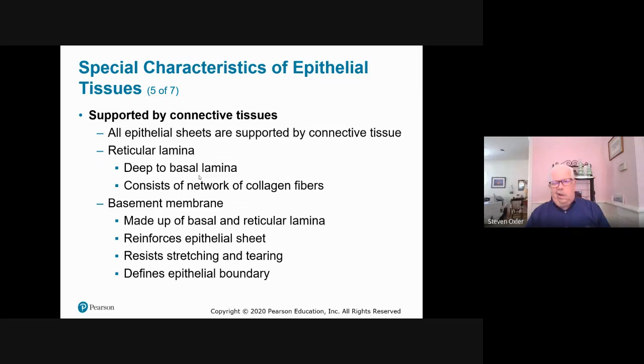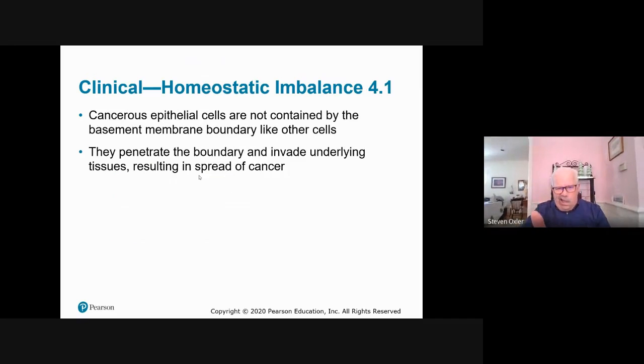You really don't have to know that much about it, but we'll talk about connective tissue in part A also. Okay. And as I said before, cancer epithelial cells don't have a basement membrane. So therefore, they can penetrate boundaries and spread cancer easily.